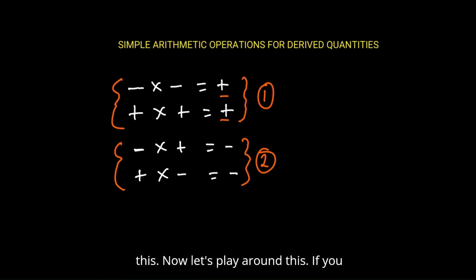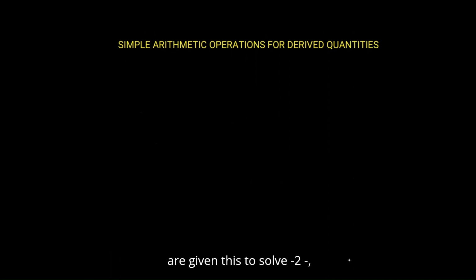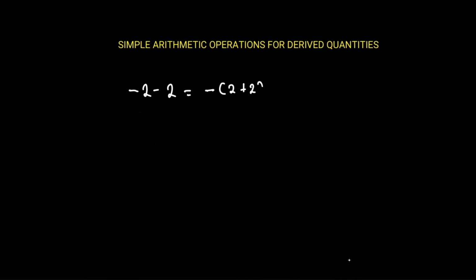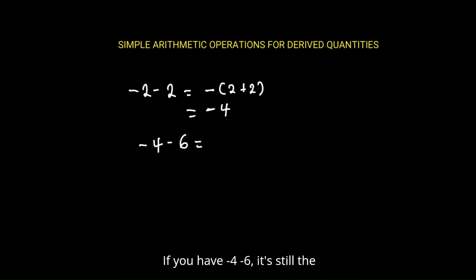Now let's play around with this. If you are given this to solve, minus 2 minus 2, how will you solve this? Now, when you have two negative signs, just bring out the negative sign and you add the numbers. So the minus is still there, 2 plus 2 will give you 4. Simple. If you have minus 4 minus 6, it's still the same thing.